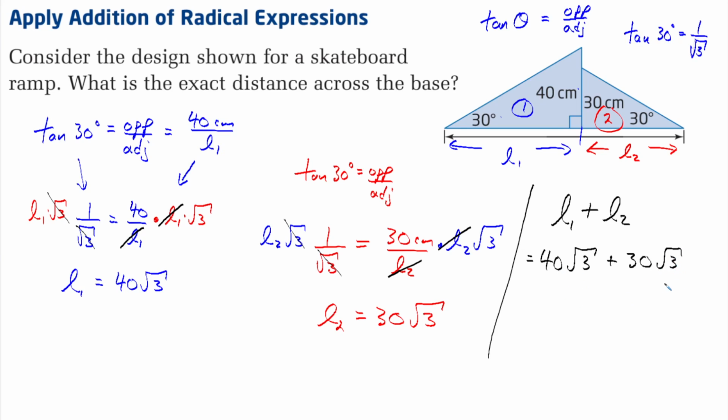If I have 40 root 3's and you give me 30 more root 3's, I will have 70 root 3's, and the answer is going to wind up being 70 root 3 centimeters. That is the exact distance across the base. There's nothing else we can do to simplify this further. Root 3 is as simple as root 3 gets. And that is it.